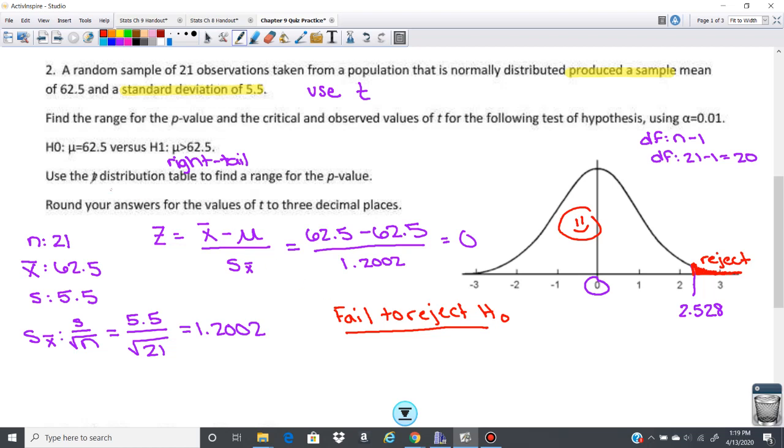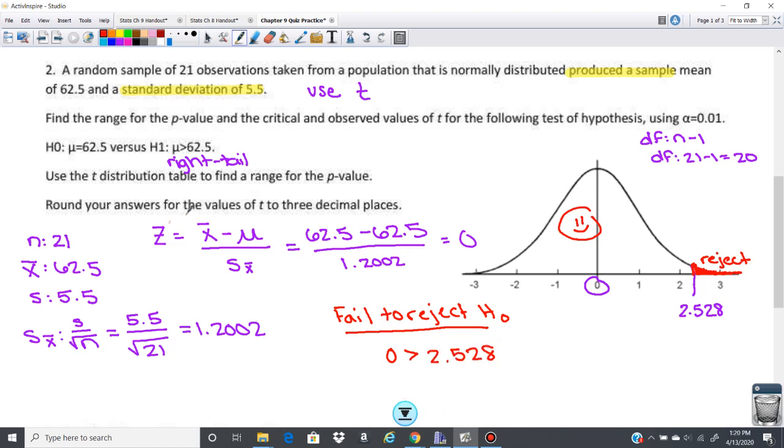And then what we would say here, if we were putting in our values here, this is our critical value t, we say t is 0, and it is less than 2.528.